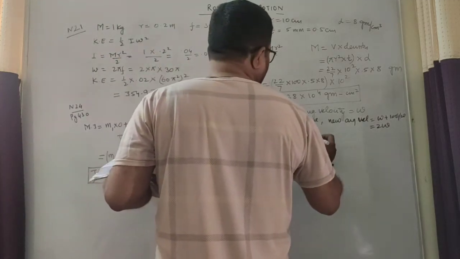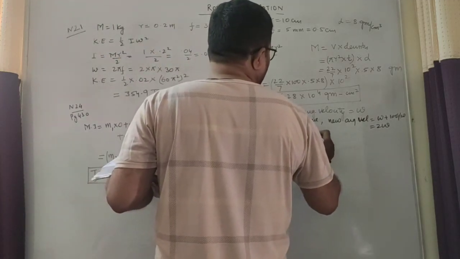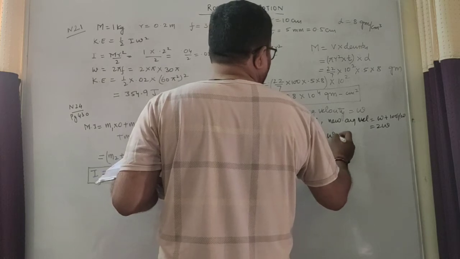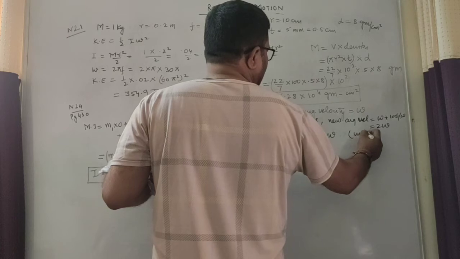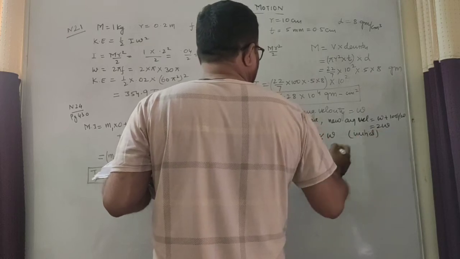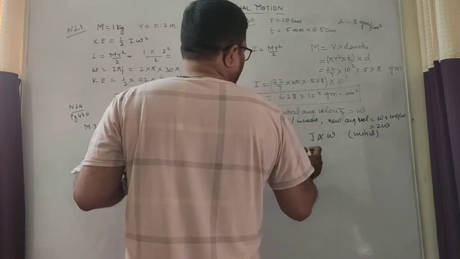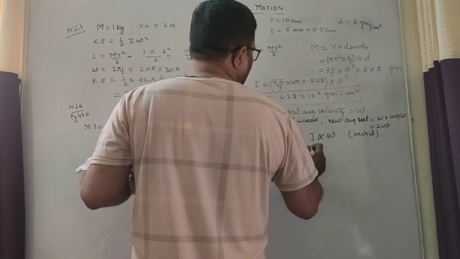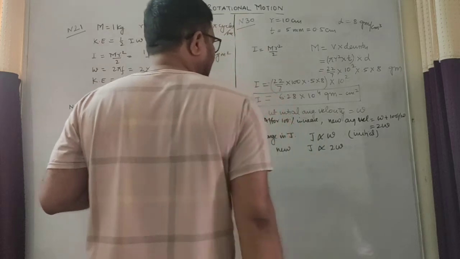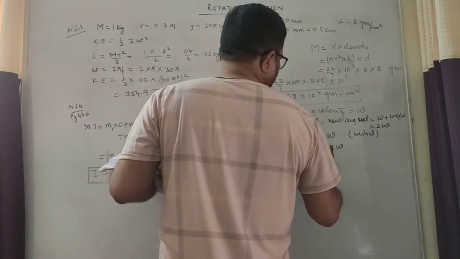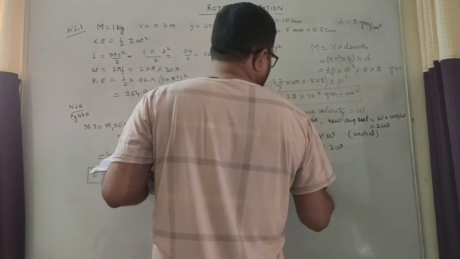As you all know, the moment of inertia will remain the same. Angular momentum is directly proportional to omega. This is for the initial part. Now the new angular momentum becomes 2 omega, that is Jn.